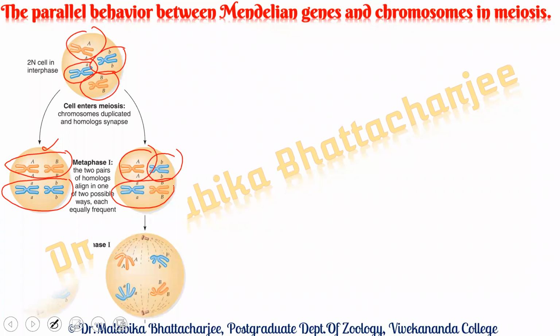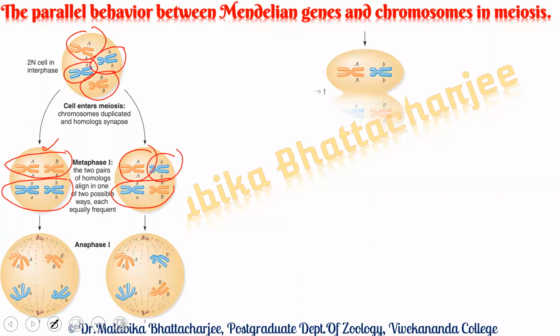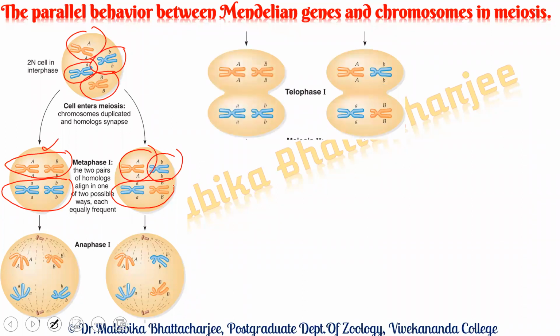After metaphase 1 follows anaphase 1, where we have the pull. You can see the chromosomes being separated during anaphase 1, and finally the telophase 1. In telophase 1, it was a single cell, and now we are going to have 4 different cells, each carrying a copy of the A pair and the B pair. As I said, there are 2 possible arrangements.